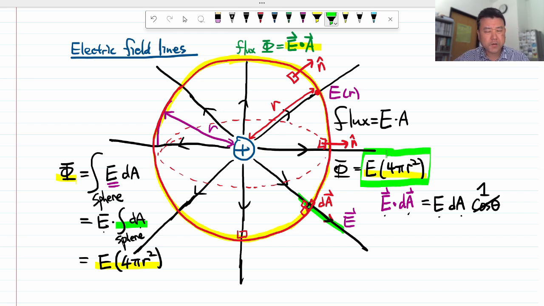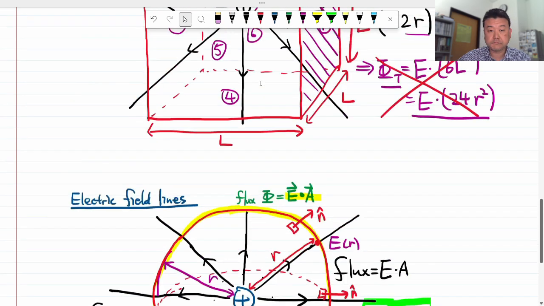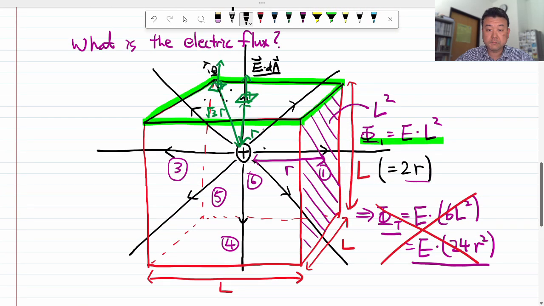Should it be different for the cube? Both the surfaces have the same number of electric field lines going through them: 8 here and 8 here. This is the kind of conservation law that we are talking about.